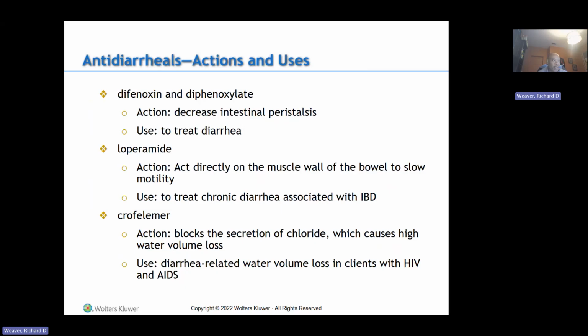So this crofelemer drug blocks the secretion of the chloride, and therefore you do not get all that fluid entering into the bowel, and therefore the stool is less watery, meaning it's more formed, because we're trying to make the stools become more formed.